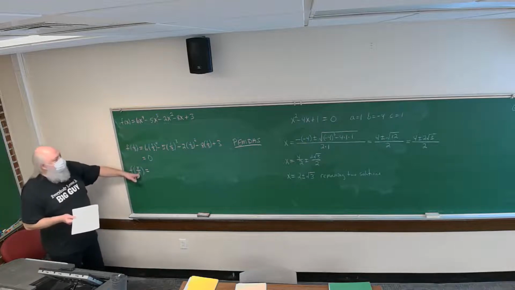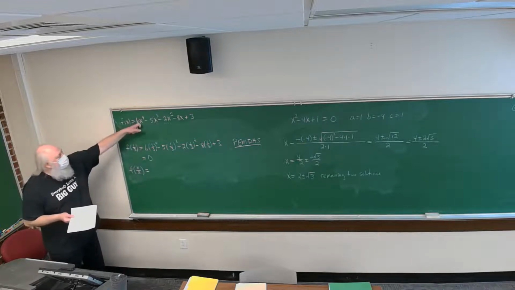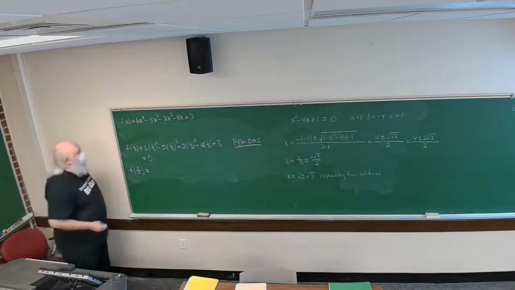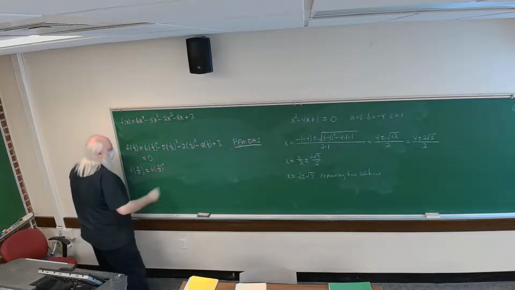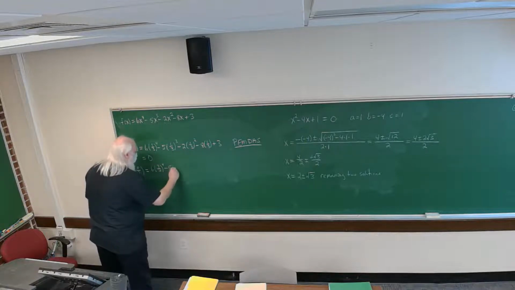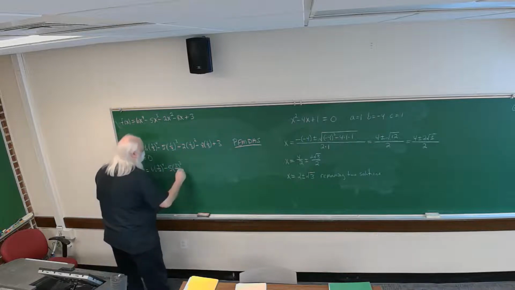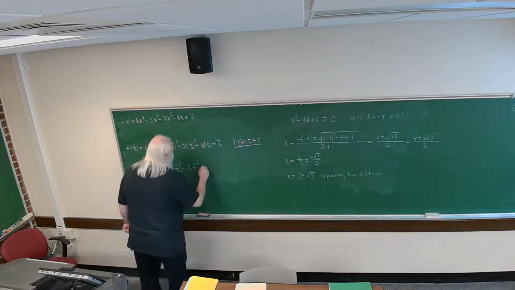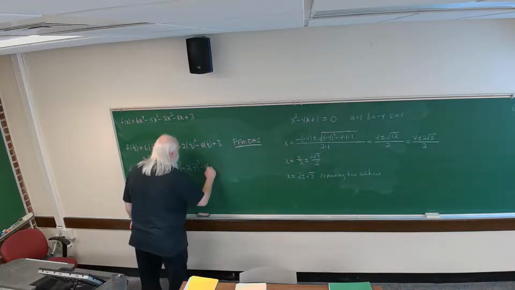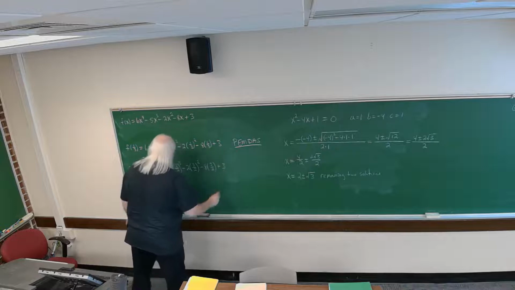To verify that x equals 3/2 is a 0, you put 3/2 in for x on the right-hand side. So 6 times 3/2 to the 4th minus 5 times 3/2 cubed minus 2 times 3/2 squared minus 8 times 3/2 plus 3.